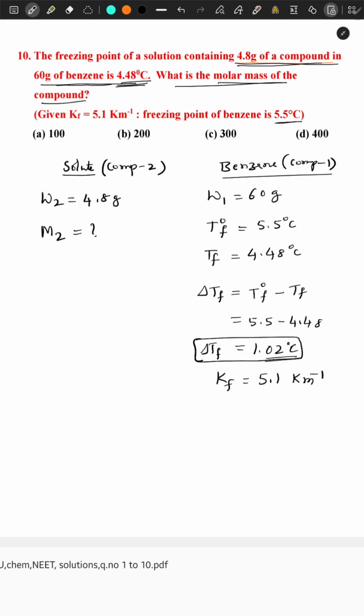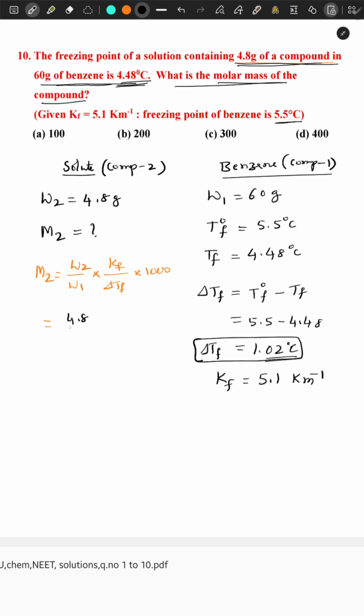So what is the formula? You know that to calculate molar mass of solute when freezing point things are given, the formula is M2 is equal to W02 by W01 into KF divided by delta TF into 1000. So now you substitute the values.